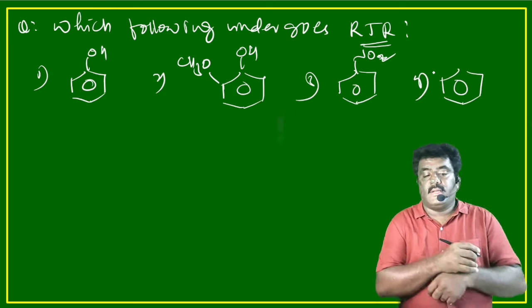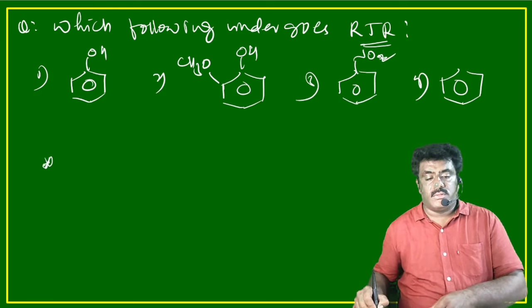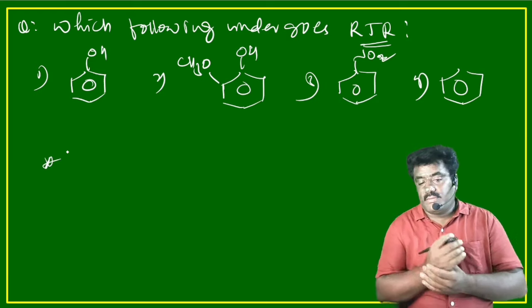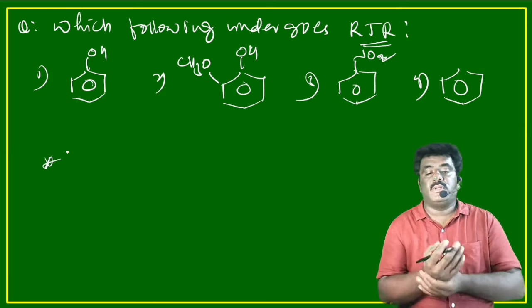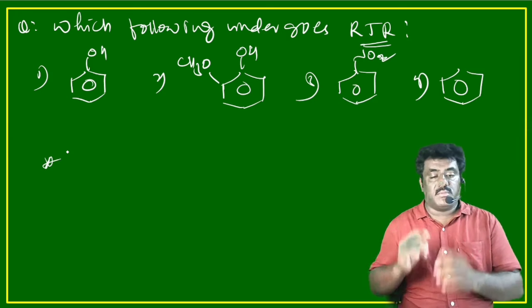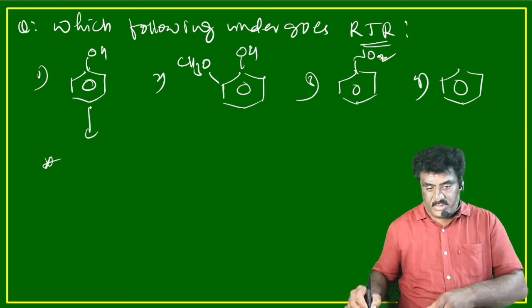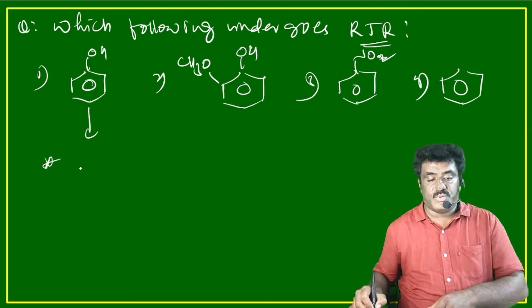So which is formed phenoxide, which forms sodium phenoxide, that can involve the Reimer-Tiemann reaction. See, when it is treated with sodium hydroxide, it forms sodium phenoxide.